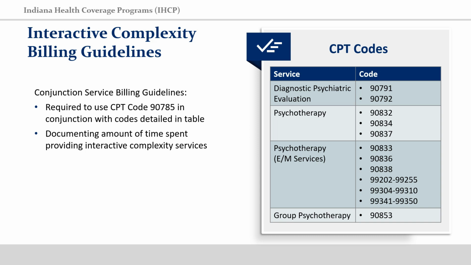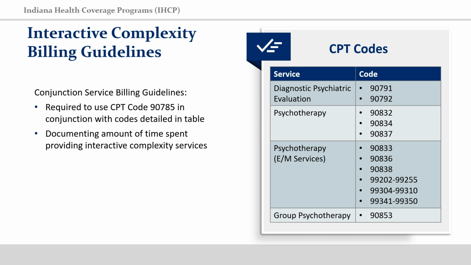Psychotherapy combined with an E&M service using CPT codes 90833, 36, or 38, 99202 through 99255, 99304 through 99310, or 99341 through 99350. Group psychotherapy using CPT code 90853.